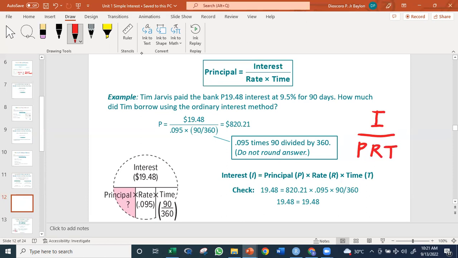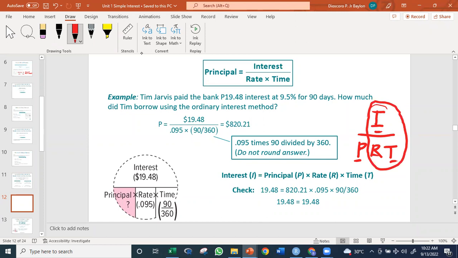Okay, so this is just a simple mnemonic device. How does this work? You know the interest, and you either compute for the principal, for the rate, or for the time. So if you're going to compute for the principal, you have to know the interest, the rate, and the time. This mnemonic device tells us that if you're computing for the principal, then the formula is I over RT.